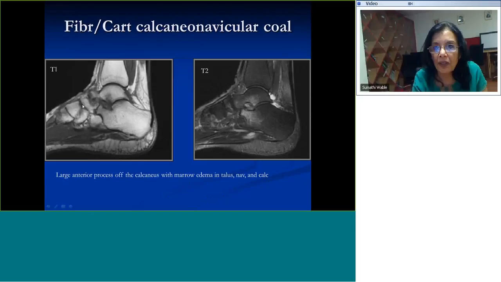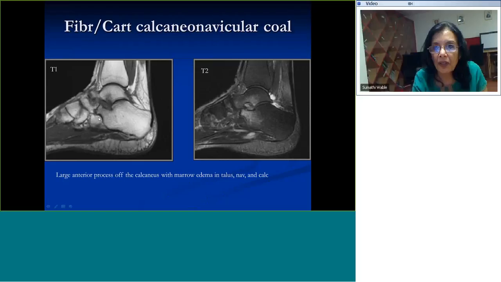This is an example of calcaneonavicular coalition. Typically, the anterior process of the calcaneus is sharp and small. Here you see almost like a pseudoarthrosis. Here is like a facet for the anterior process of the calcaneus.